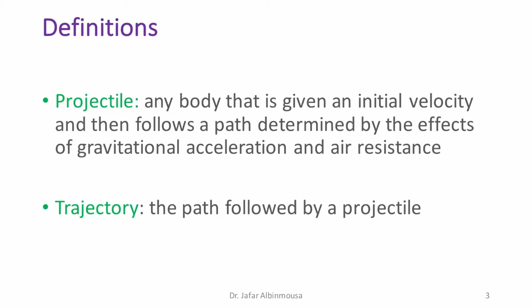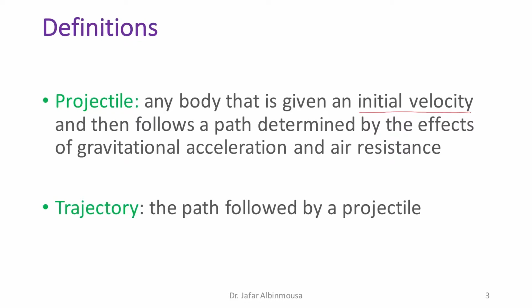Two definitions. First, we want to define what the word projectile means, and what is the meaning of a trajectory. A projectile is any body that is given an initial velocity, and the word initial velocity is very important, and then follows a path determined by the effect of gravitational acceleration and air resistance.